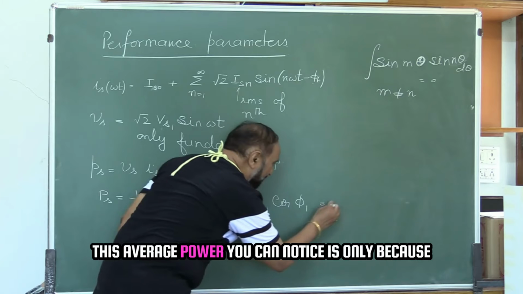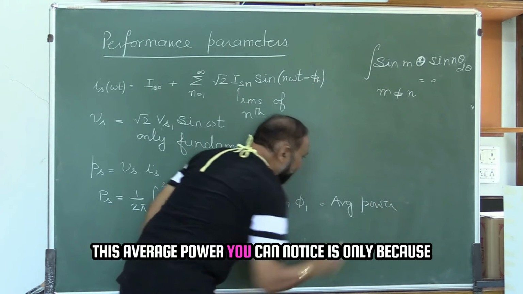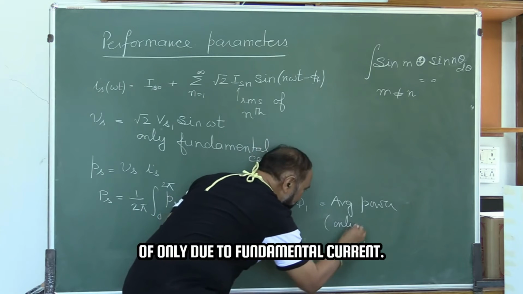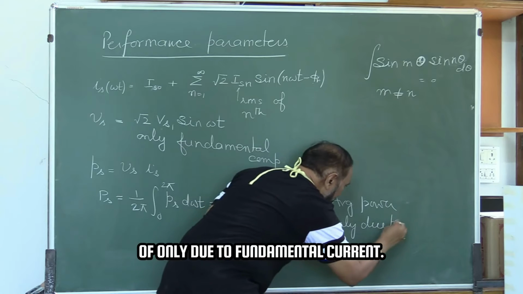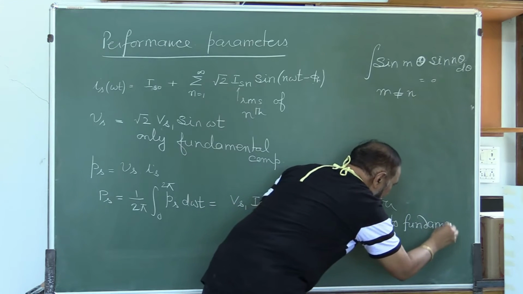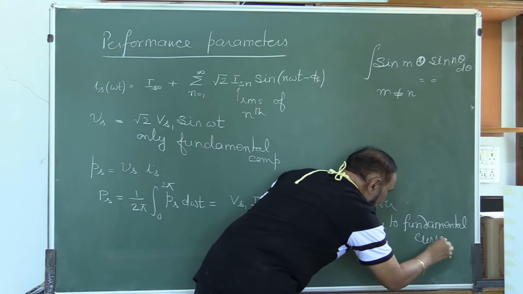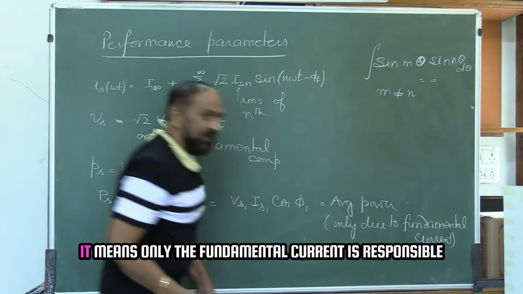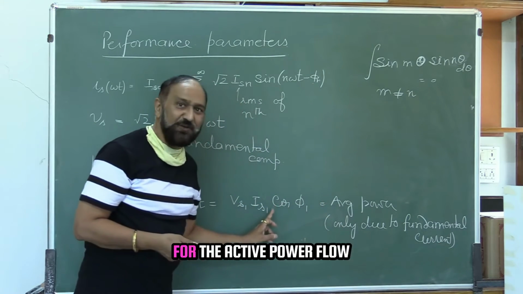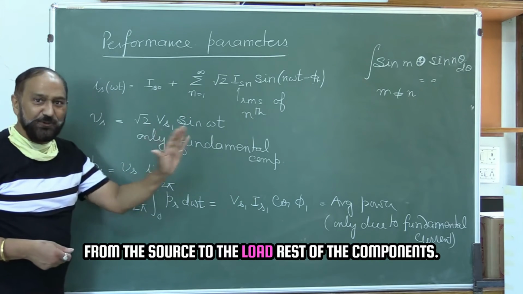This average power, you can notice, is only due to the fundamental current. It means only the fundamental current is responsible for the active power flow from the source to the load.